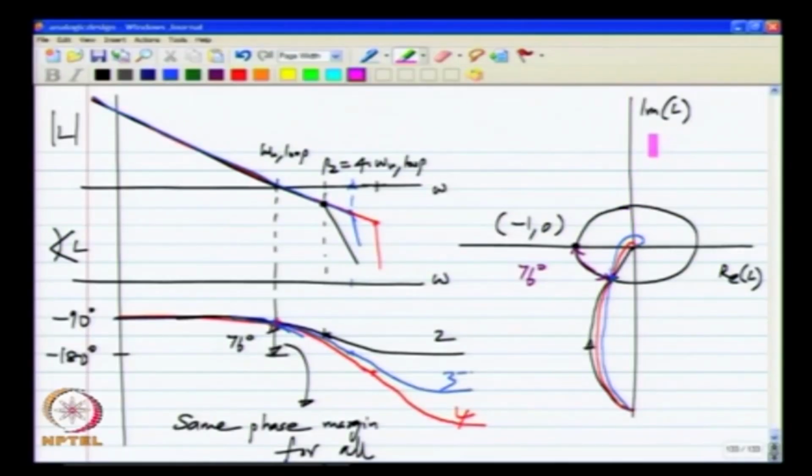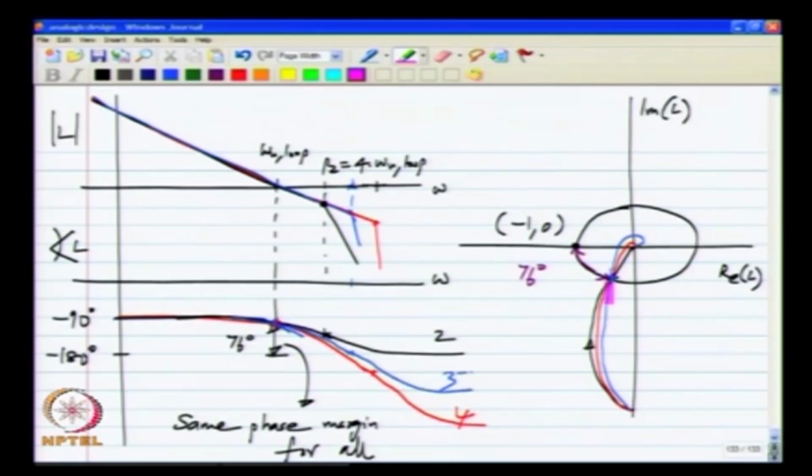So, the ultimate test of stability is the Nyquist plot, because the condition of poles being in the left half plane can be mapped to the Nyquist plot not encircling the minus 1 point in the clockwise direction. Okay. But assuming that the magnitude is well behaved, that is the magnitude reduces monotonically, then it goes inside.